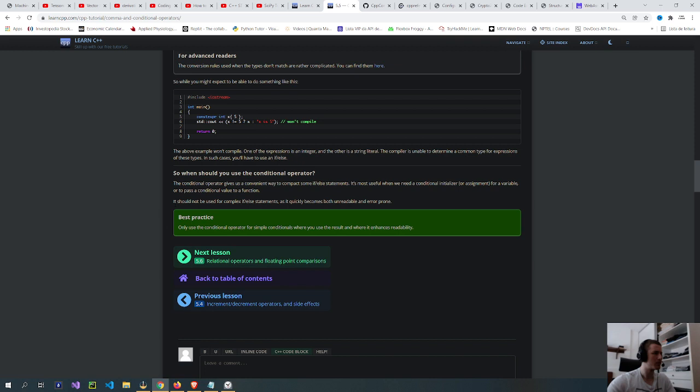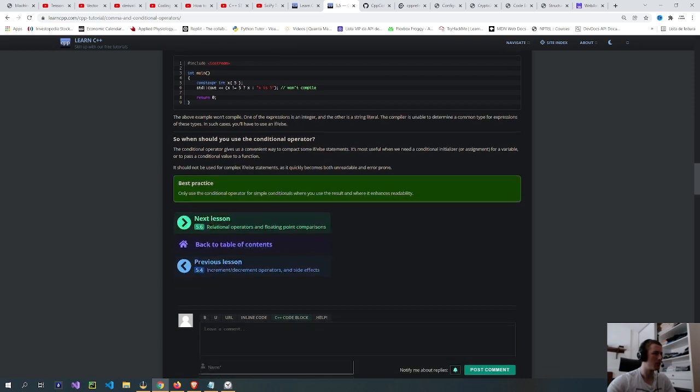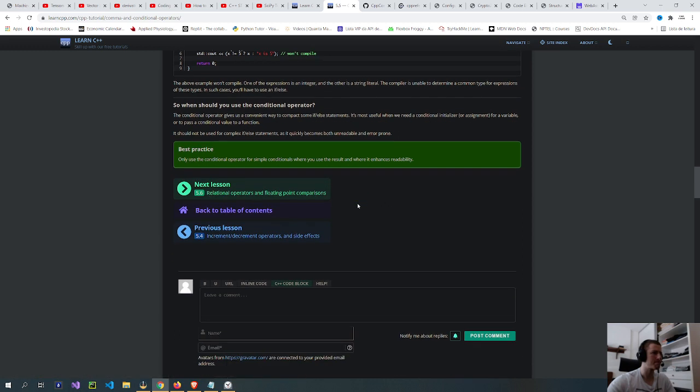So, best practice: only use the conditional operator for simple conditionals where you use the result, where it enhances readability. So it's not very recommended, only for simple cases.